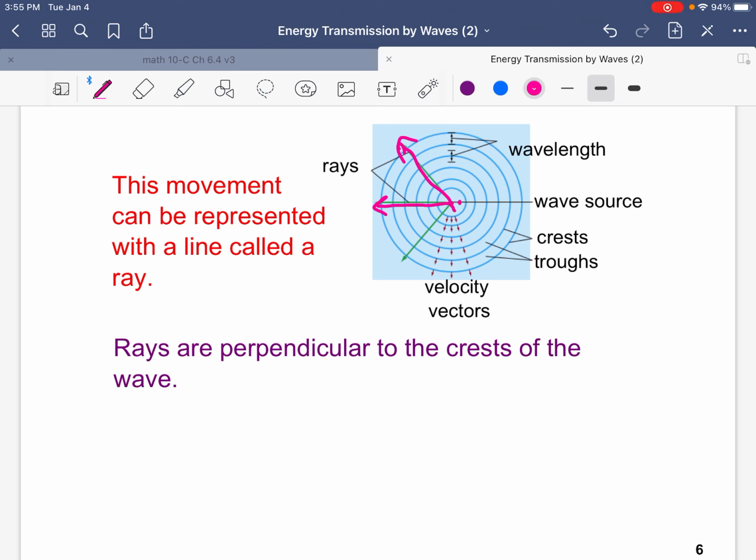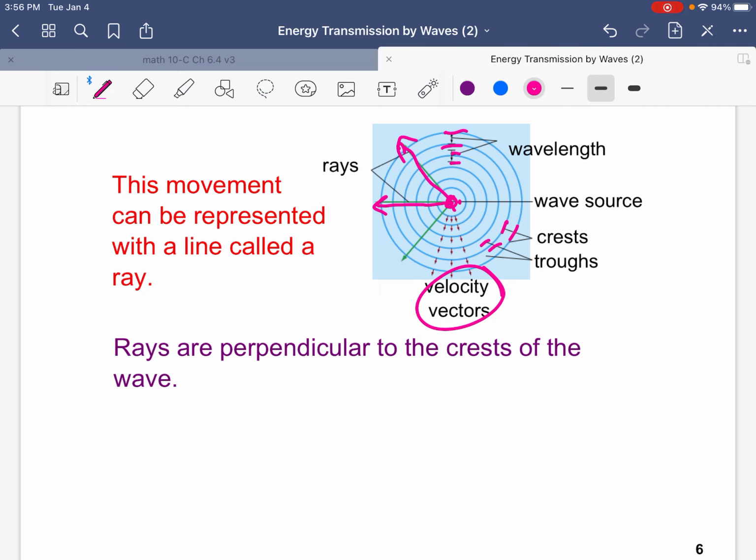Now, there's some other things here. We can measure from crest to crest and get a wavelength, or from trough to trough, whatever's easier. There is a wave source in the middle. Each of these lines is a crest, the in-betweens are troughs, and we have what we call velocity vectors. Now, we'll deal more with this later. I'm just showing you the picture and hitting some of the stuff we want to talk about.